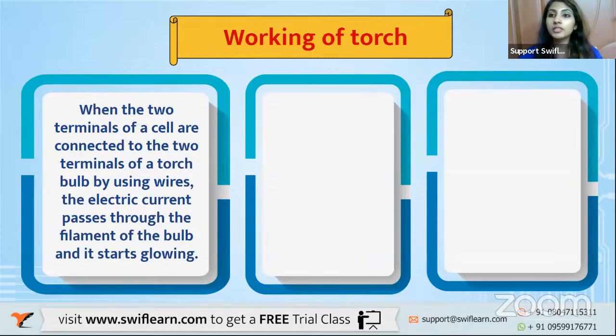By using the wires, the electric current will pass through the filament of the bulb and it will start glowing. So first we connect the terminals of the cell to the terminals of the torch bulb, and then the electricity will start flowing. When the electricity starts flowing, it will reach the filament and the bulb will start glowing.